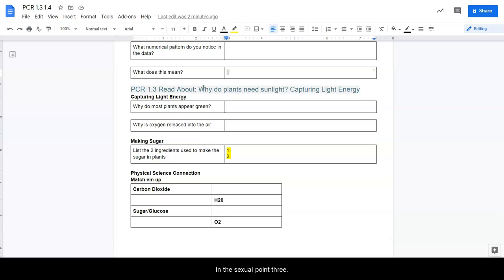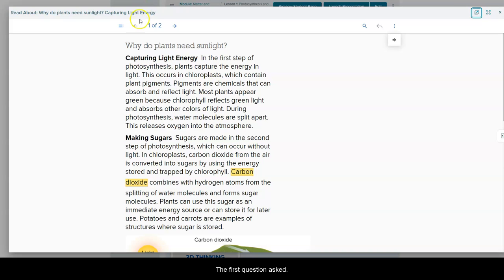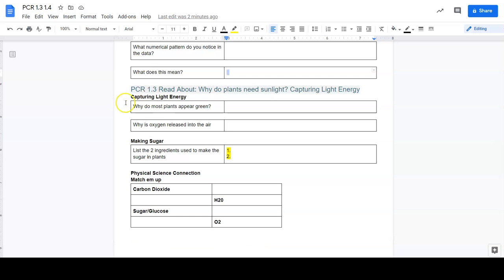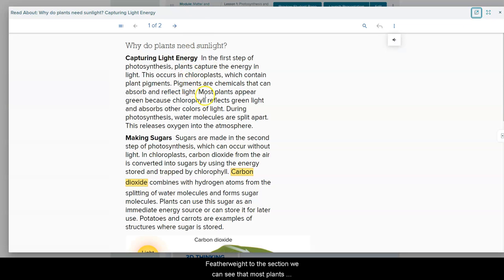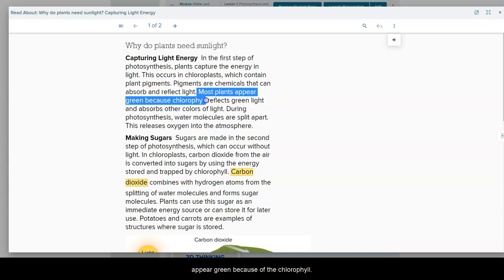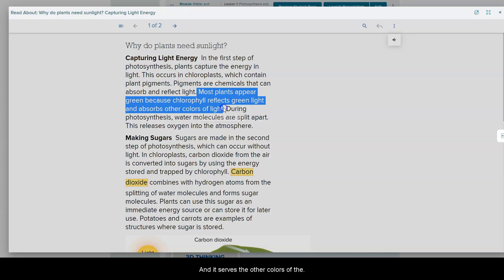In section 1.3, we have two questions in the first section. The first question asks, why do most plants appear green? So as we read through this section, we can see that most plants appear green because the chlorophyll reflects green light and absorbs the other colors of the light.